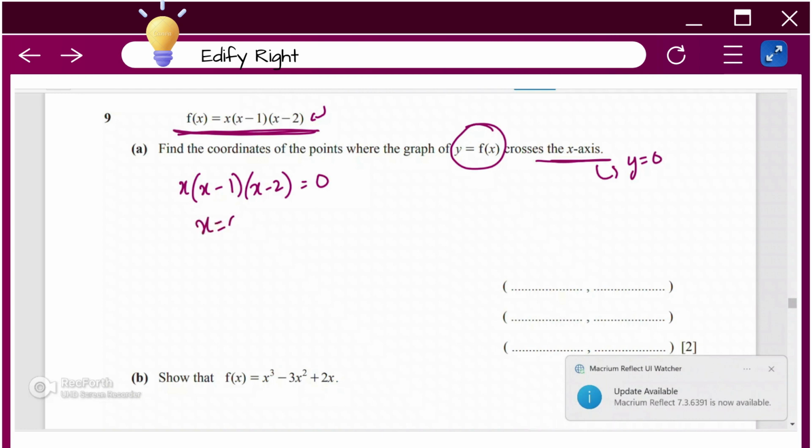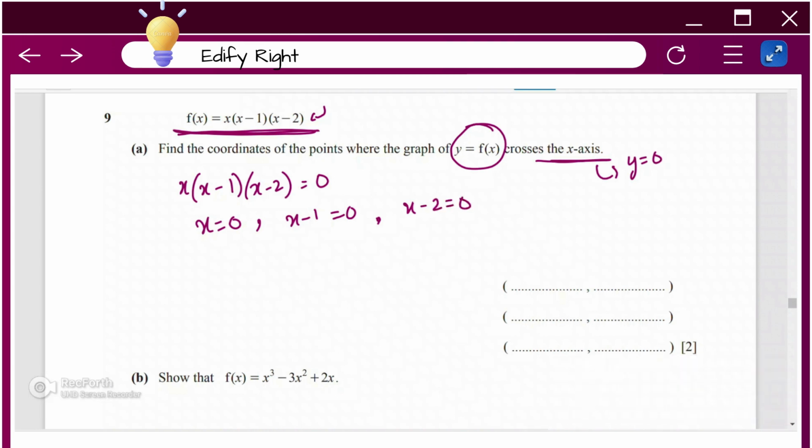So in this case, x can be equal to 0 or x minus 1 equal to 0 and x minus 2 equal to 0. These are my 3 values of x. So this is 0, 1, 2. So for y equal to 0, I can have 3 values of x. So basically the points are (0, 0), (1, 0) and (2, 0). This is where the graph crosses the x-axis.